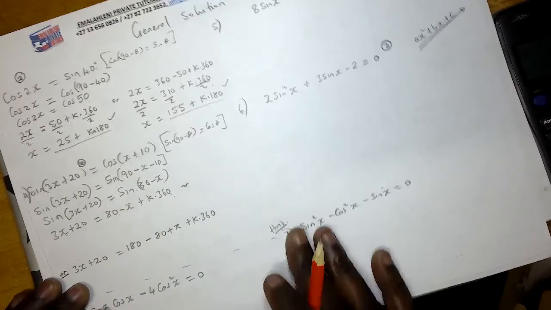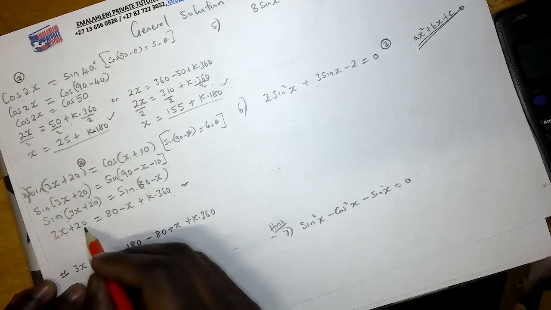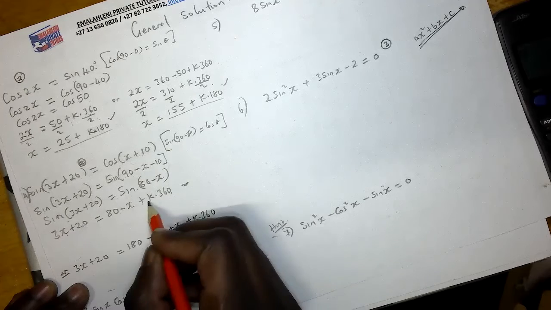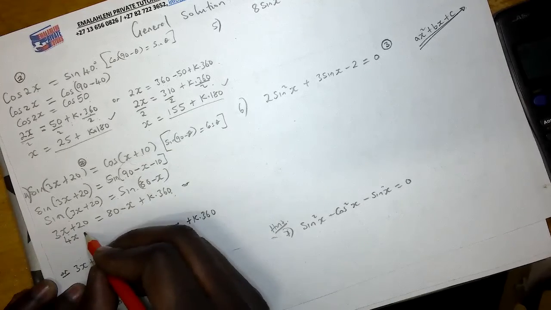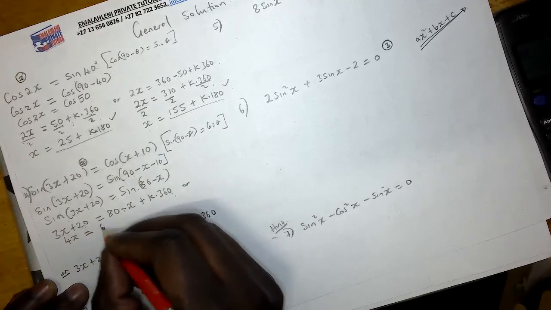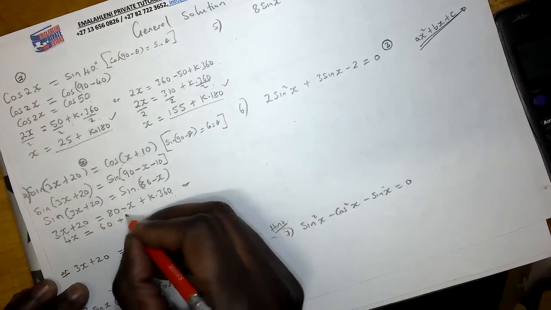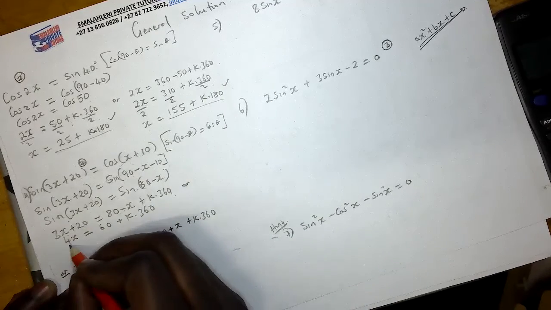Okay, now what do we do from there? Let's first solve here. We take the 20 to that side, we take the x to this side. It's going to be 4x is equal to 80 minus 20, we get 60 plus K 360. Then we divide by 4 throughout.